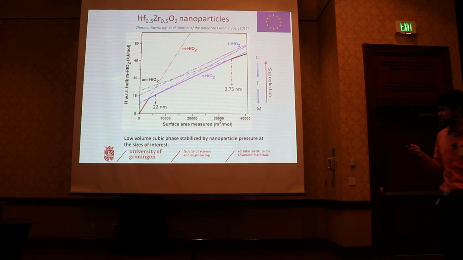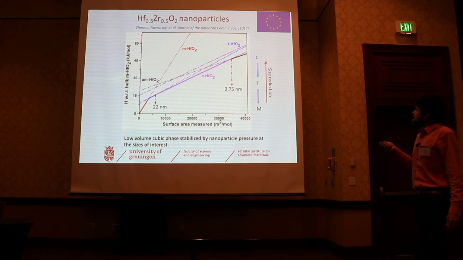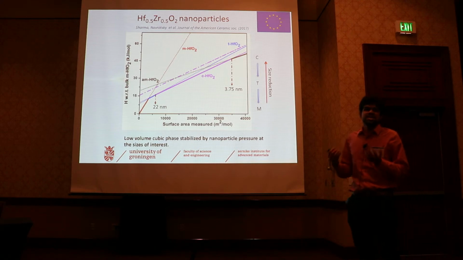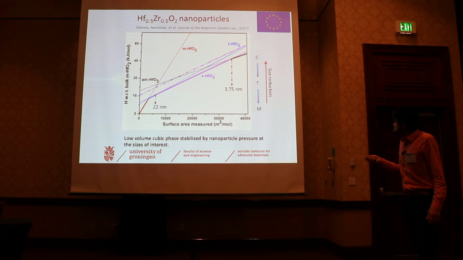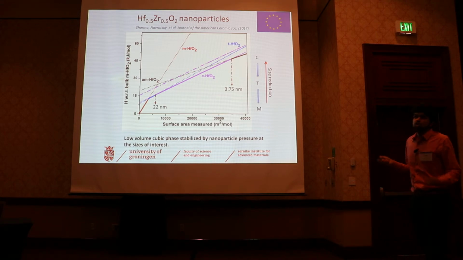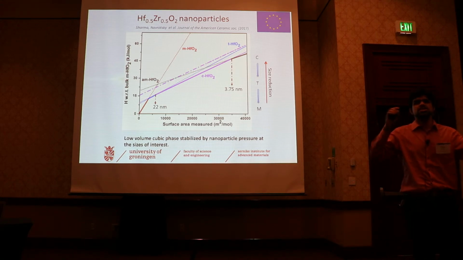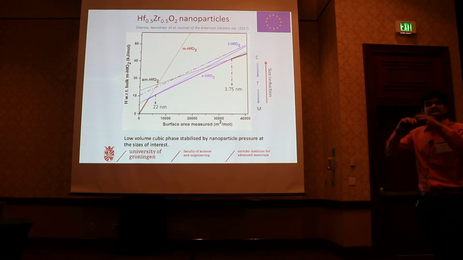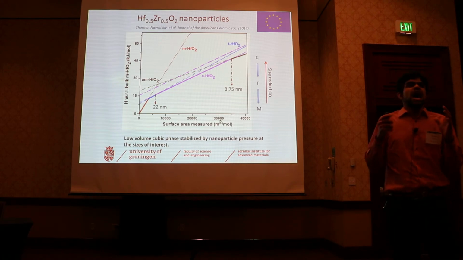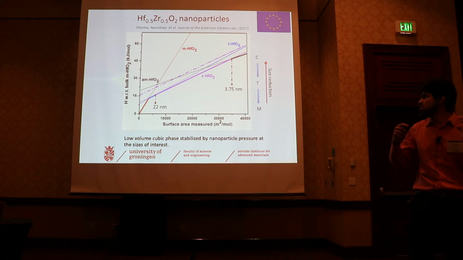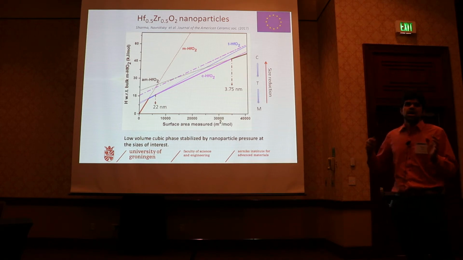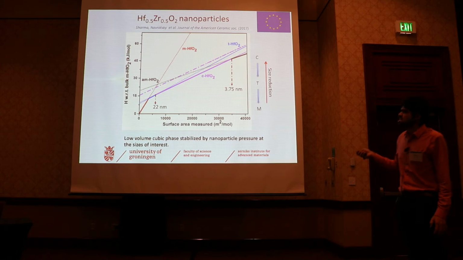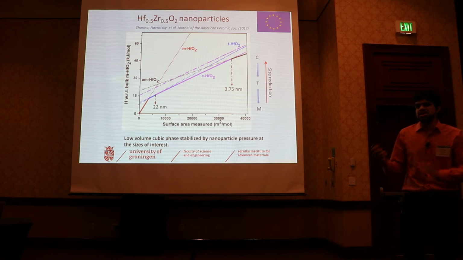So we have a very simple model for this, derived out of nanoparticle literature of hafnia and zirconia nanoparticles. It turns out that in the nanoparticles of interest, if I consider a nanodomain as a nanoparticle, because of immense nanoparticle pressure, a high pressure, low volume phase such as cubic phase is stabilized just in the nanoparticle form.